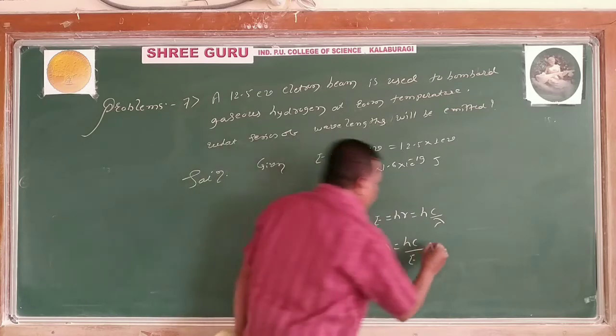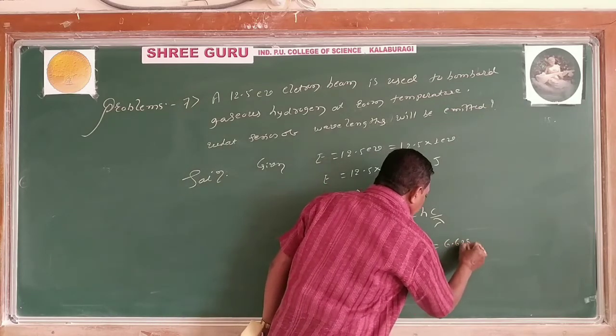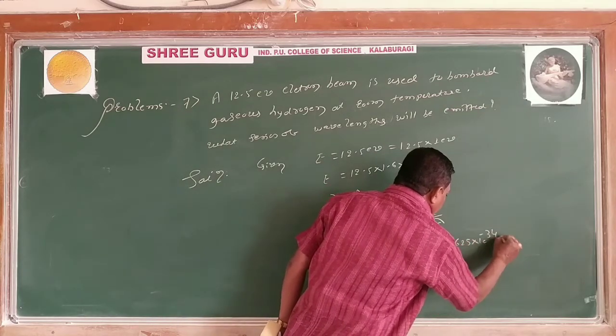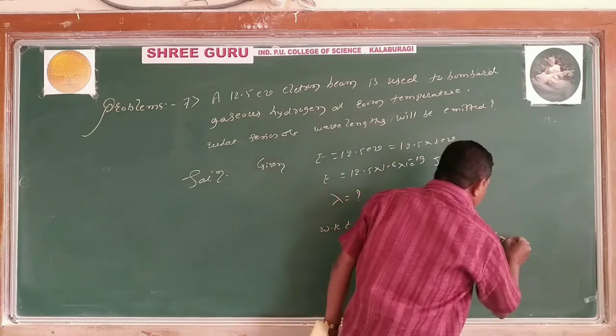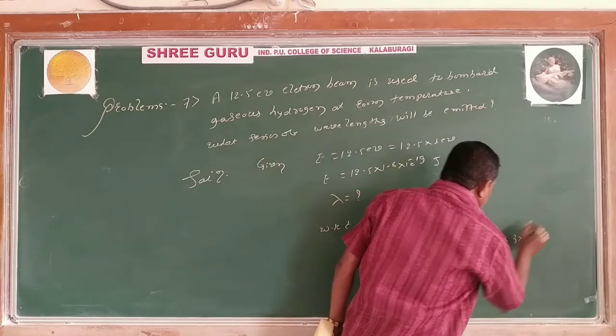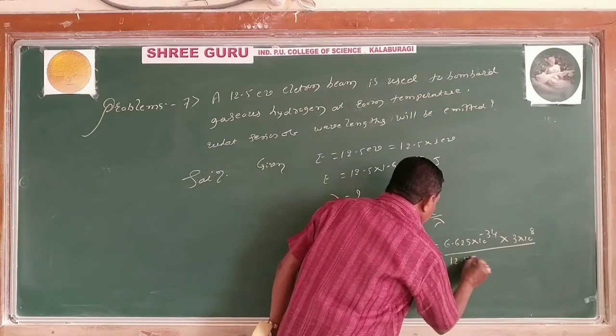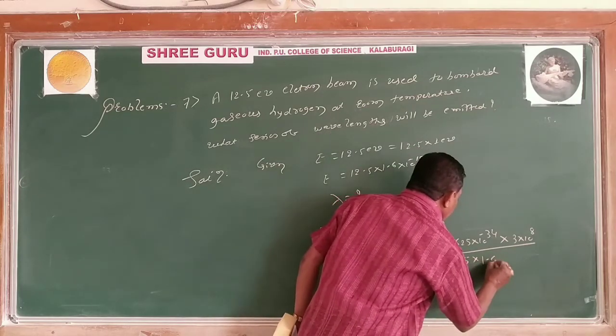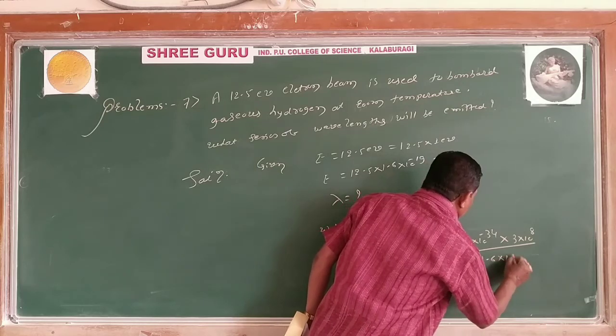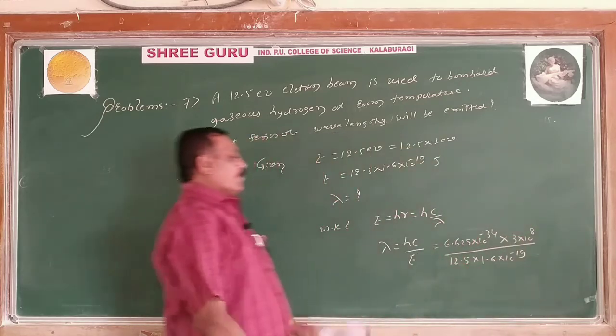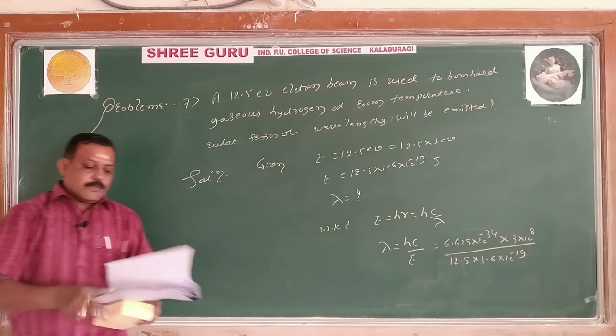Substitute करो. 6.625 into 10 to the power of minus 34, Planck's constant है. Velocity of the light or photon 3 into 10 to the power of 8 divided by energy 12.5 into 1.6 into 10 to the power of minus 19. Then do the necessary cancellation, you get the answer.